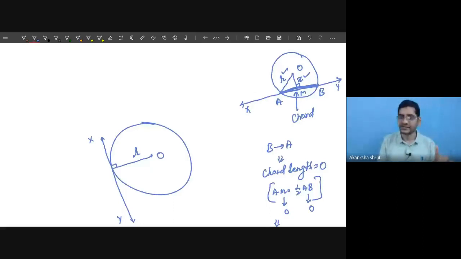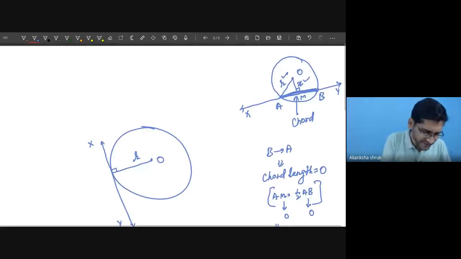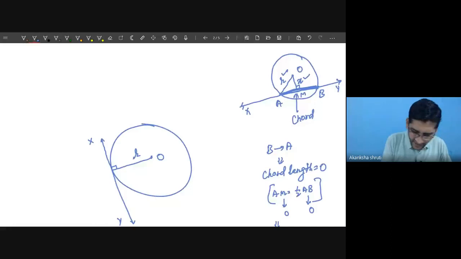So the very first property is that a tangent is perpendicular to the radius, or the radius is always perpendicular to the tangent.